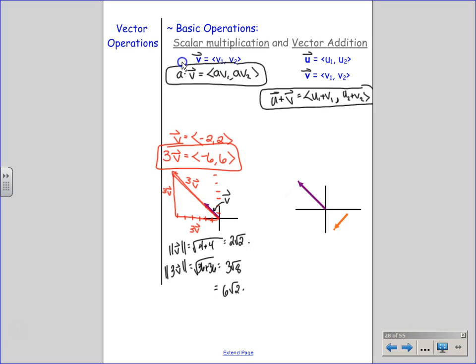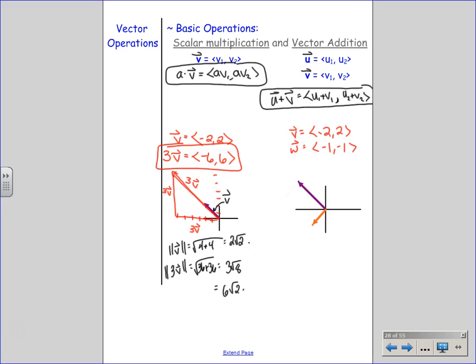So what if I was to give you something like this? Let me just make it a little bit easier. There we go. And we called the purple guy vector v over here, right? So let's have our vector v being negative 2, 2. And let's have our vector w, he'll be the other guy, being negative 1.